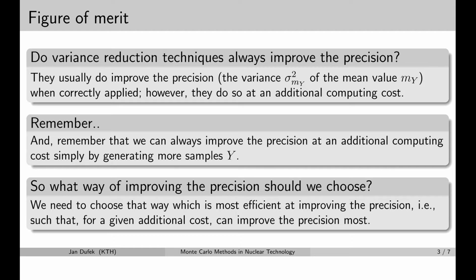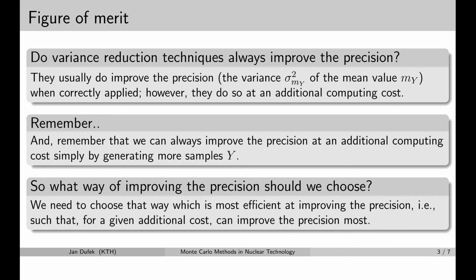However, it is very important to realize that these variance reduction techniques will also take some extra computing cost for themselves, right? In order to use the variance reduction technique, we need to spend some additional calculations.